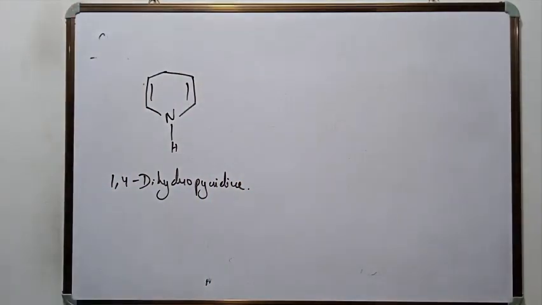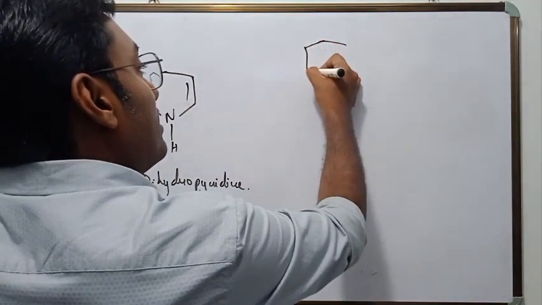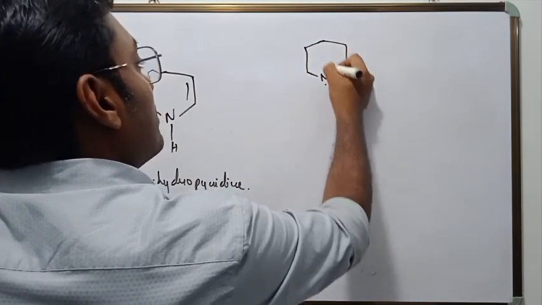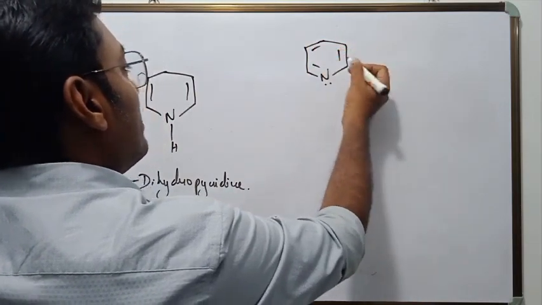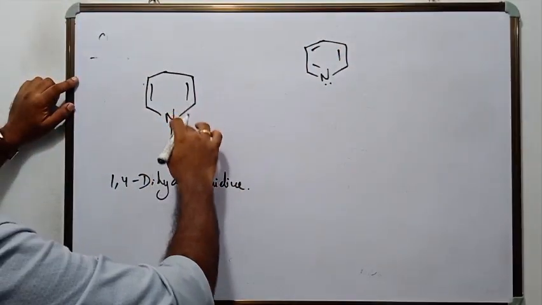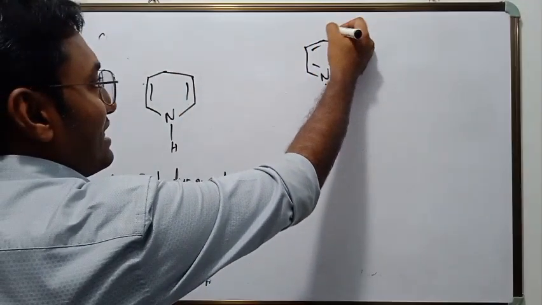Okay, now we can make 1,4-dihydropyridine using Birch reduction. When we are doing Birch reduction in pyridine, it becomes 1 and 4. Here one hydrogen will get attached, and here already one hydrogen is there.